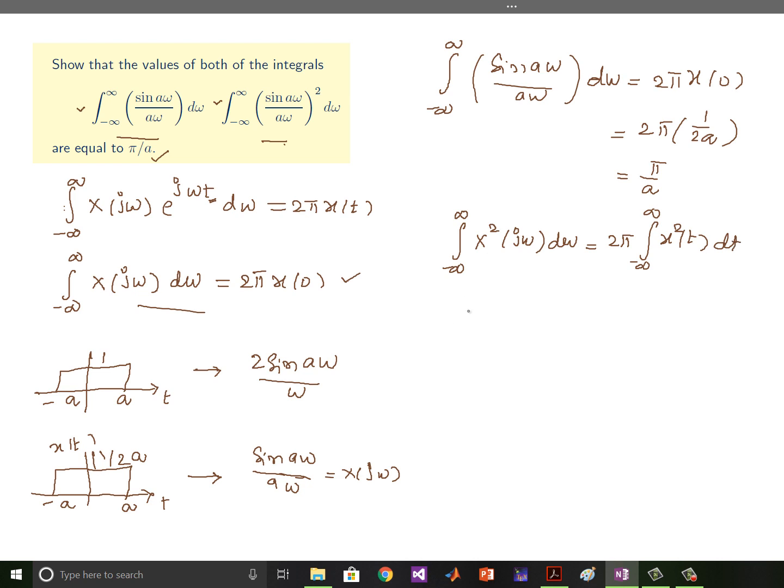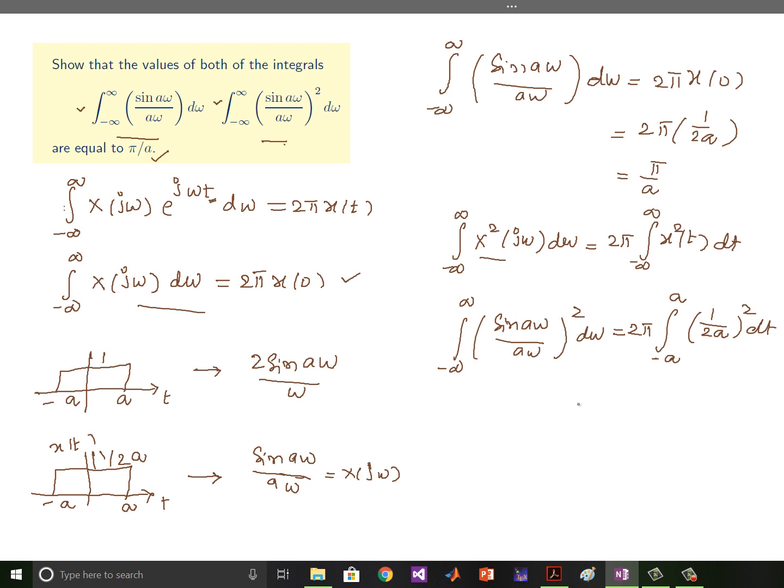Again by substituting X(jω) given by this, the integral of (sin(aω)/(aω))² dω would be equal to 2π times the integral of x(t), which exists only from minus a to plus a, so we get minus a to plus a of (1/(2a))² dt.